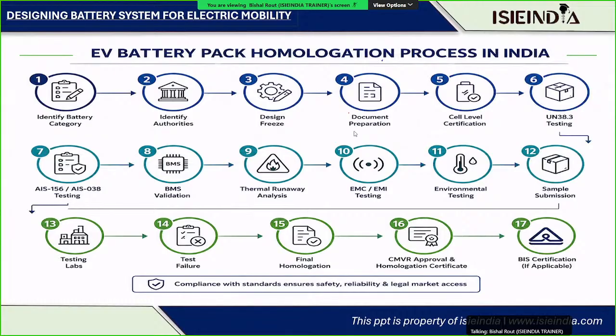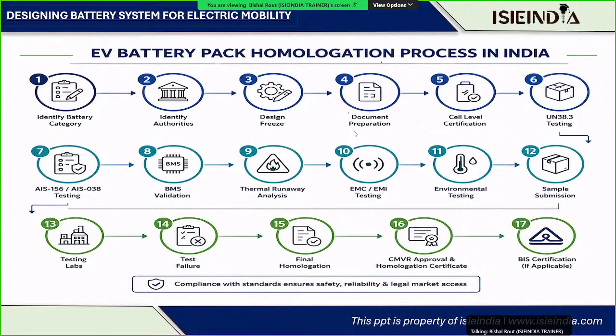I hope those who come from a mechanical engineering background might know what FMEA, failure analysis, is. Then we have something called the BOM. We have to submit the bill of materials. Then we have to submit the safety concept documents, which basically consist of hazard mitigations, right?